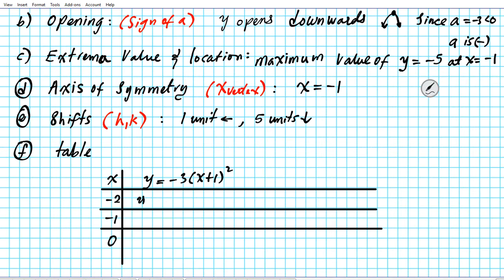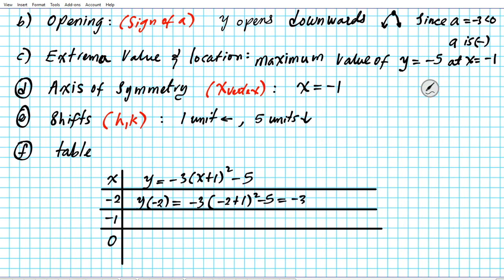Okay, plug it in here. So we have y of -2. We're going to plug -2 into this function. Forgot my -5 here. So we're going to have -3 times the quantity -2 plus 1 squared minus 5. Now we're going to use the order of operations, Please Excuse My Dear Aunt Sally, to simplify this.